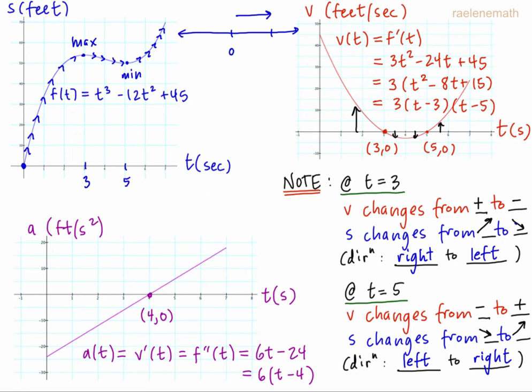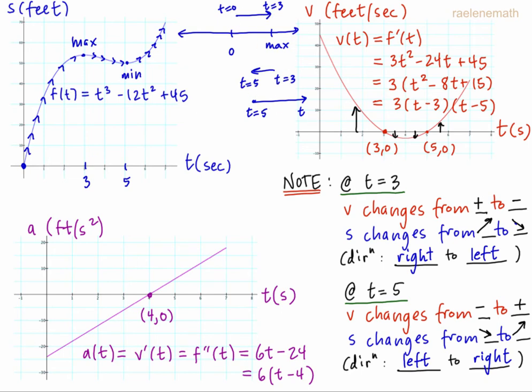Let me just clarify this. This is from t equals 0 until t equals 3, and then the particle is going to go from that max x coordinate to the left a little bit, and that's from t equals 3 until t equals 5, and then after that time the particle is going to go to the right again. And so we see that the particle goes right, left, and right.